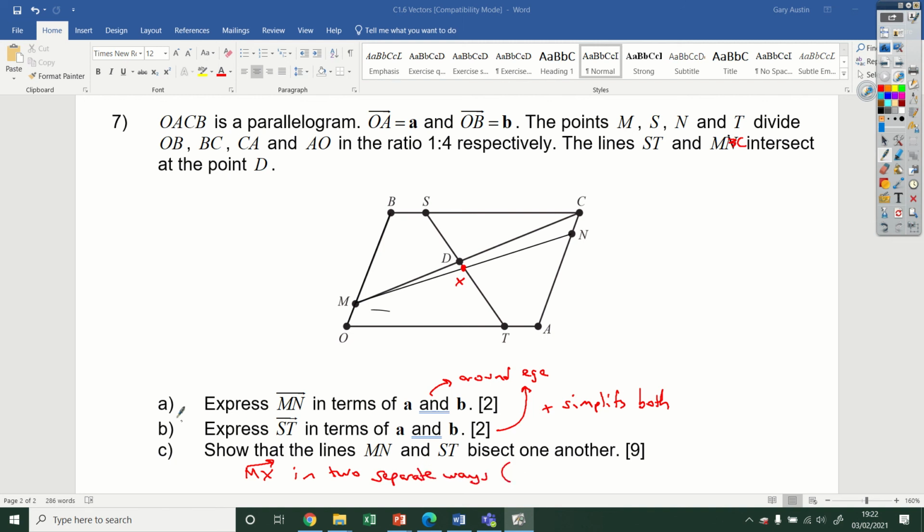Okay, and then given that we've done parts A and B, I think they're going to be quite helpful in getting us towards proving part C as well. And then at some point, if you can do that in 2 different ways, you can then compare coefficients, as I've shown you to do.